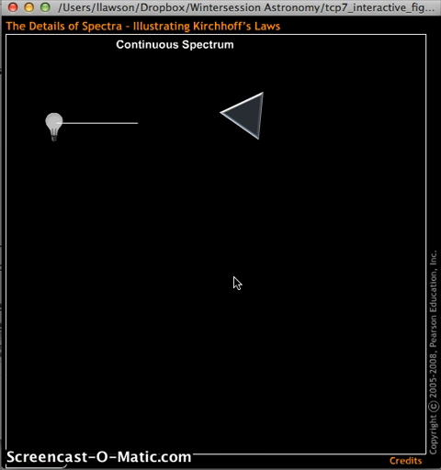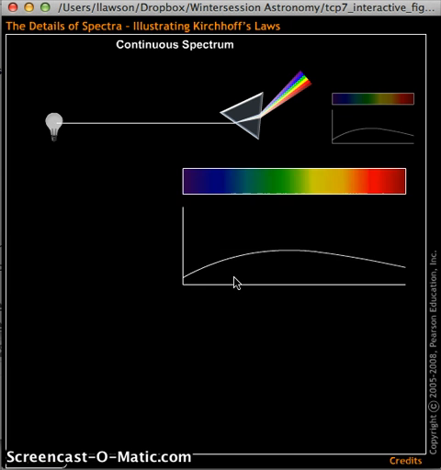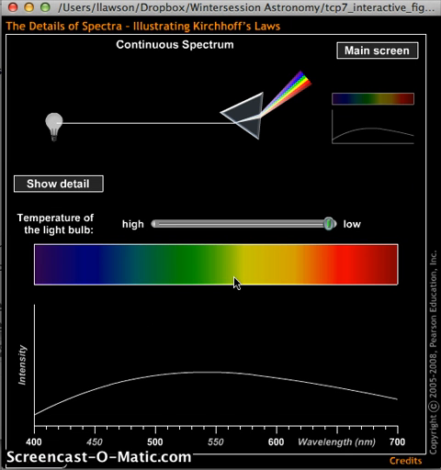So in the continuous spectra, we have some hot, dense gas or a hot liquid that's glowing, and the idea is that the light coming from that object contains all the different colors of the rainbow.